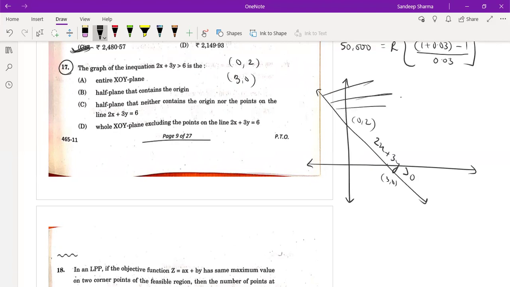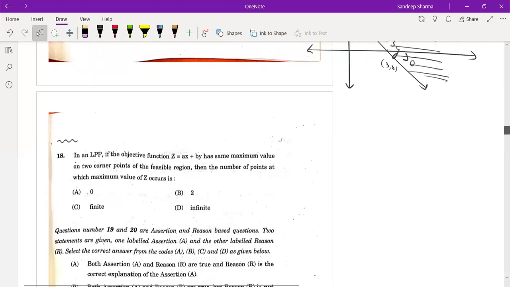Greater than 6 means this region will be there. So the entire XY plane, wrong. Half plane contains origin, it doesn't contain the origin. Excluding half plane neither contains the origin nor the points on the line. Yes, option C is correct here.